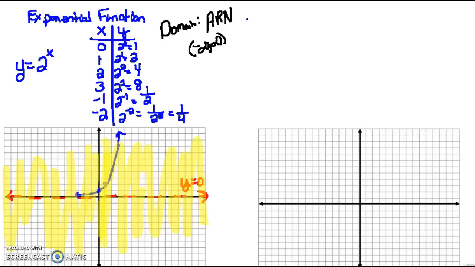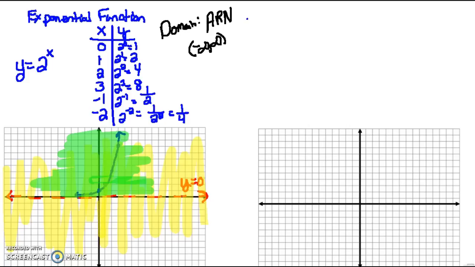But my range is what part of the y-axis are we using? So if we get this highlighter, I'm not going past 0. I have no points down here past 0. All of my points are up here. So I'm never going to have a negative y value.